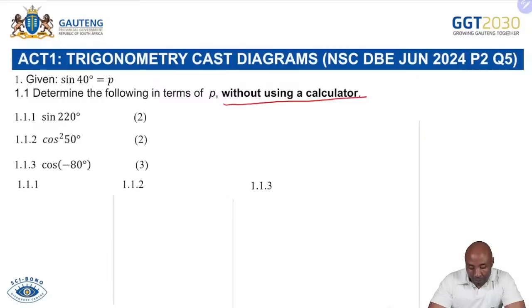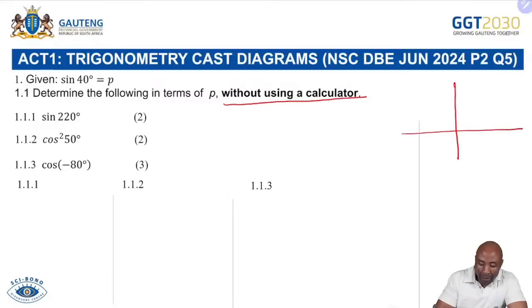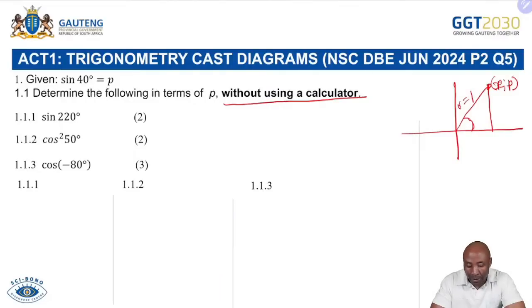So now, to help us do this one, we can either use our CAST diagram, but this one you will find in most cases we are using our triangle. It means the coordinates here will have P, so we'll have x, sine x is P, and our r will be equal to 1, because we know that sine is y over r, which means this is P over 1.